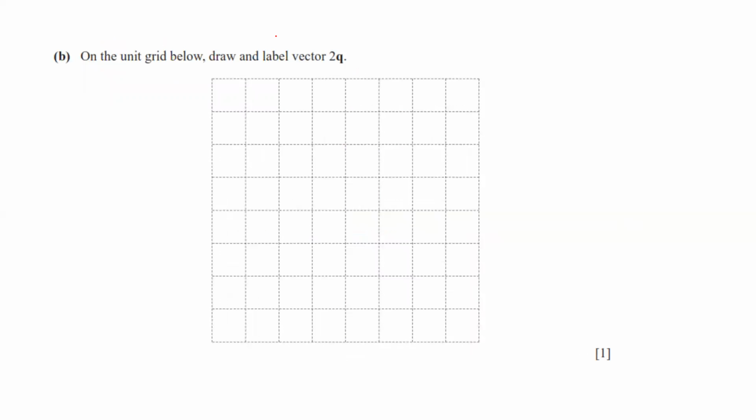Then on the grid below, draw a vector 2q. So remember, q was equal to minus 3, 2, and 2q will be equal to minus 6, 4. So we have to be very, very careful. Let's draw it here.